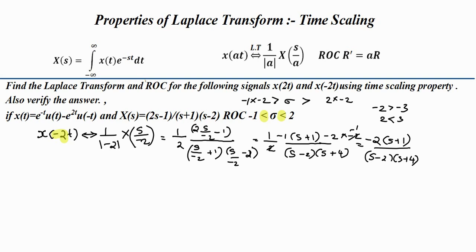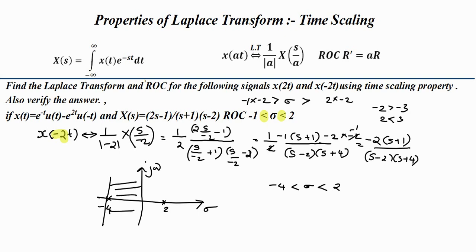So in your ROC you can write -4 < sigma < 2. The ROC is changed in the reverse direction. On the j omega axis, here it is -4 and here it is 2, greater than -4 and less than 2. So this is the answer and this is the ROC.